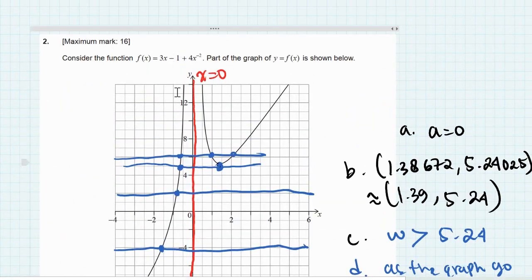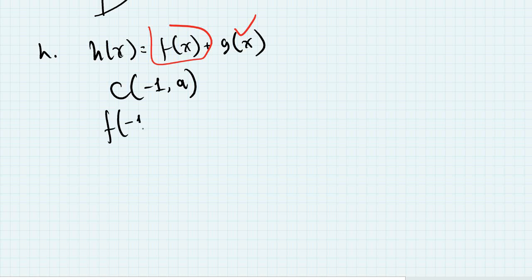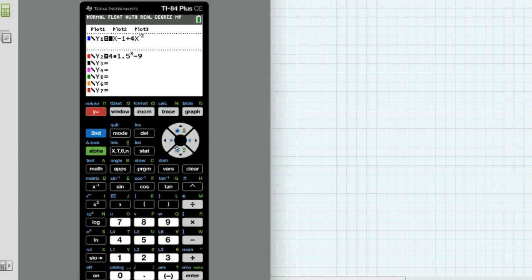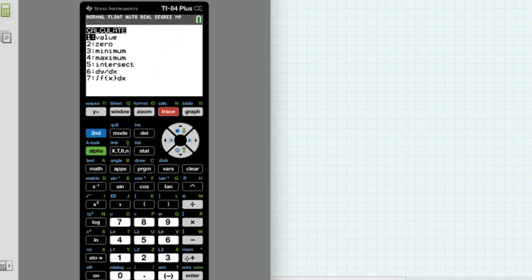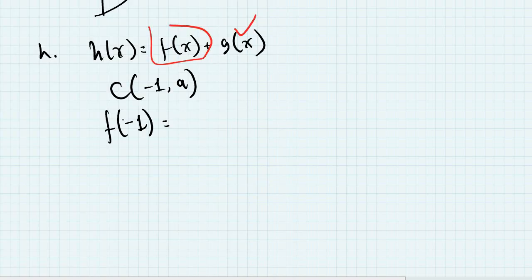We don't have to calculate it manually, we have the calculator. The fx is the blue one, so we don't need the red one. Just go to the blue one, graph, and then second trace the value when x is negative 1. When x is negative 1, y is 0. It means f of negative 1 is 0.